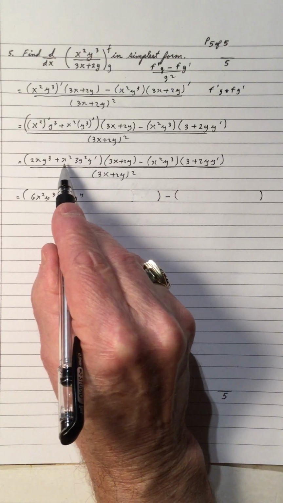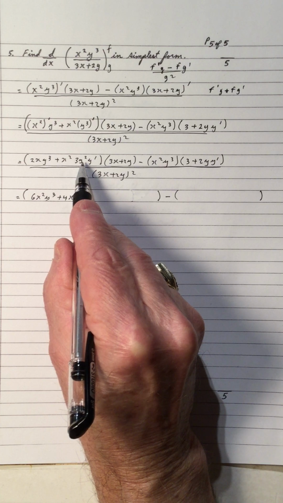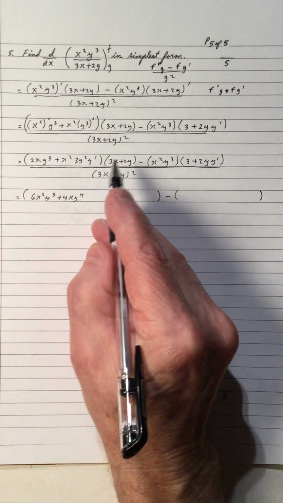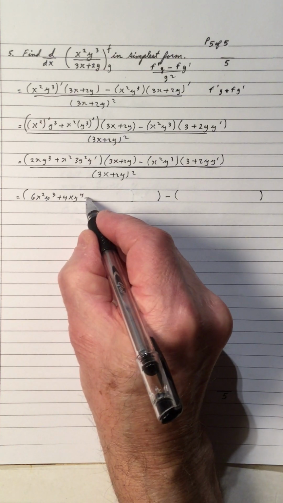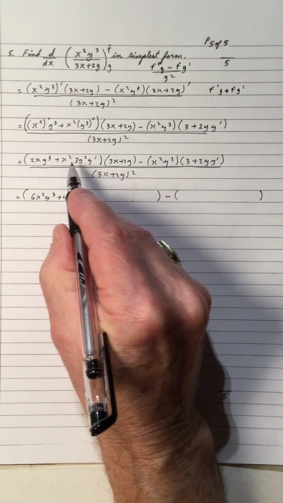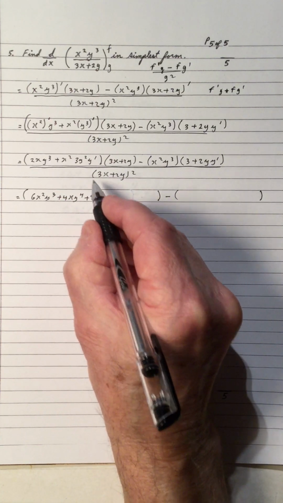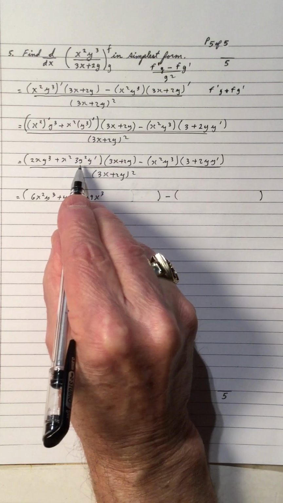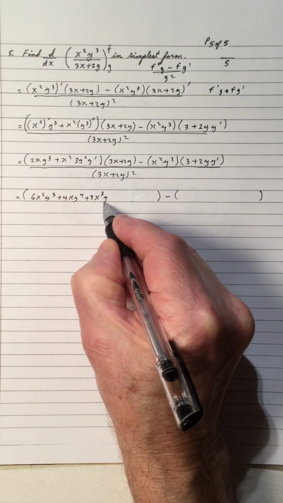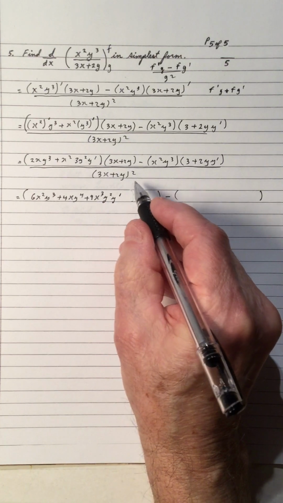Now I multiply x squared 3 y squared y prime times 3x. So that's a plus 3 times 3 is 9. x squared times x is x cubed. y squared y prime. Just got to be careful.